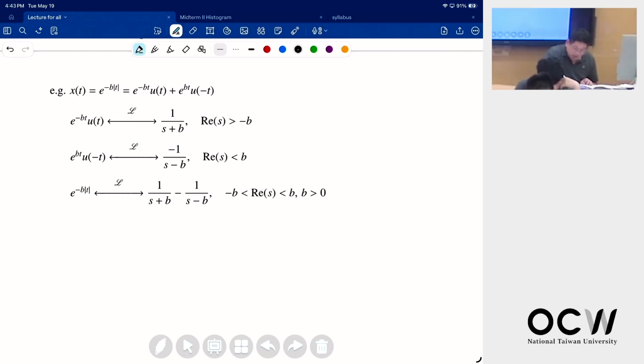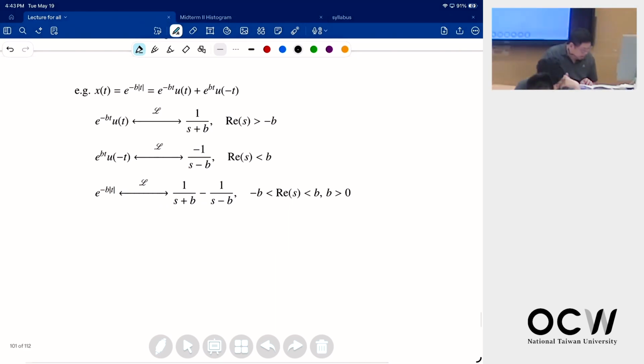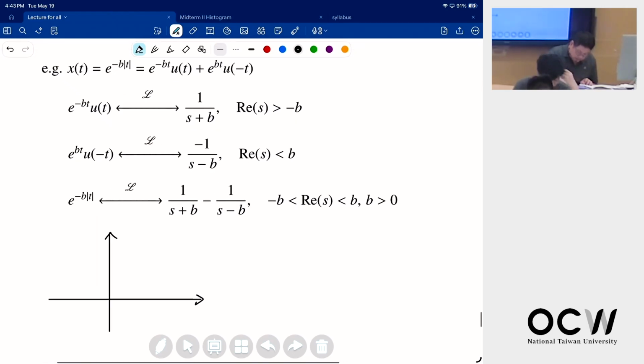Here, let's see. When b is greater than 0, this signal looks like this.